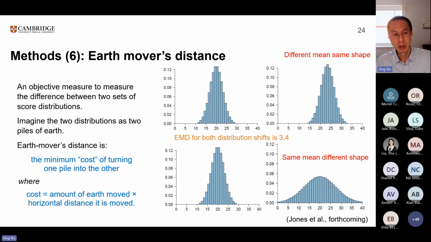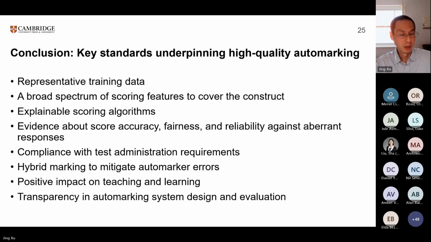The larger the EMD is, the more different the two score distributions are. So it's a useful metric to tell whether using automarking will change the score distribution in the candidate population, which is really helpful to know.